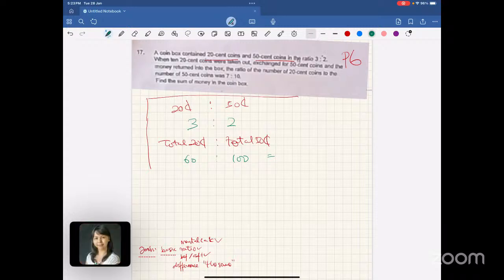3 to 5. Now, I will add what you said. Hey, there are three ratios. This is the ratio of the number of coins. This is the ratio of total value, right?